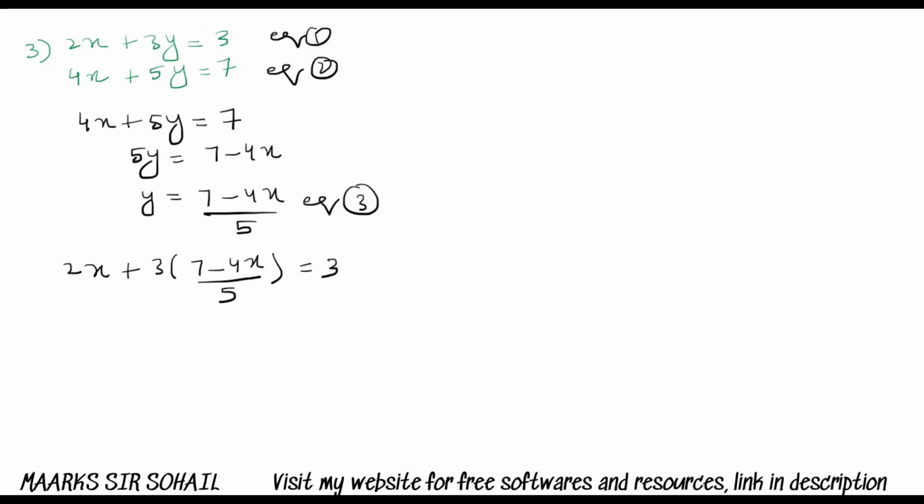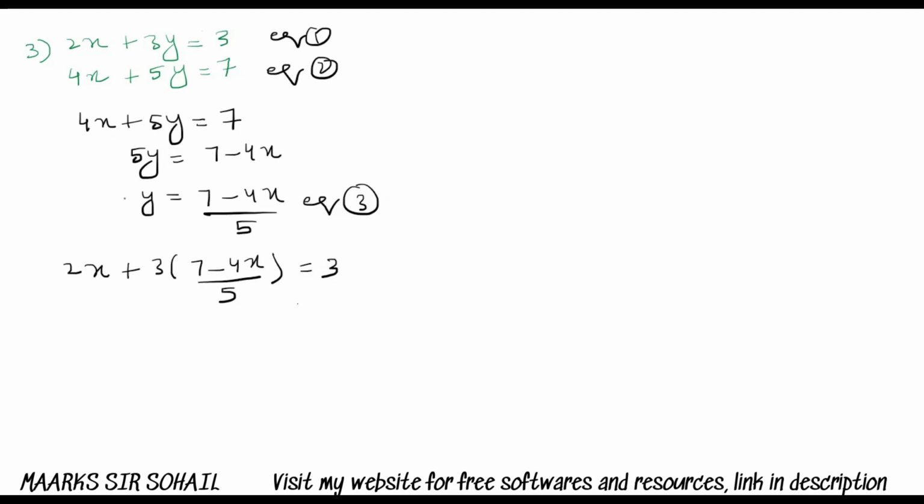I just replace the value of y and put all the values in equation 1. Like 2x I've written as it is. In place of 3y I write 3, and for y I wrote its value, and then obviously this 3 on the right side. Since it's not a single denominator, we cannot multiply this 5 here and start simplifying.